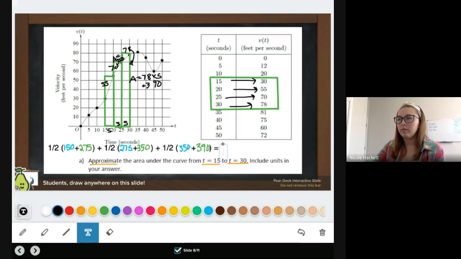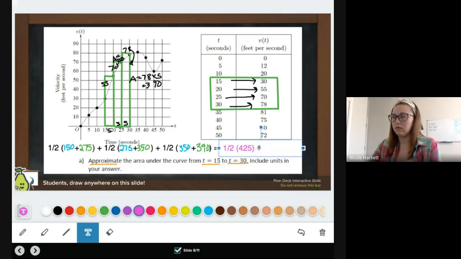So if I did some adding, I'd have 1/2 of, I add 150 and 275, I get 425 plus, let's change the color so we can see it's different. I want it right there.